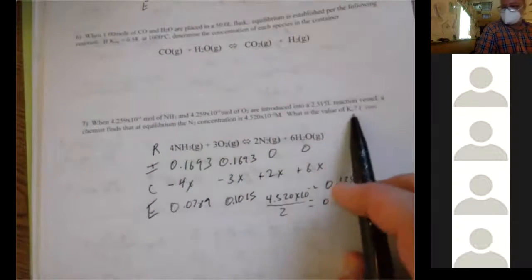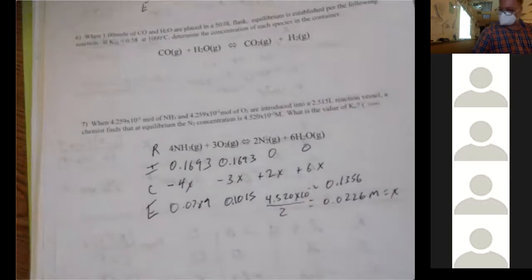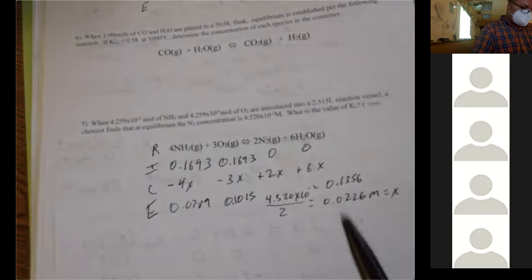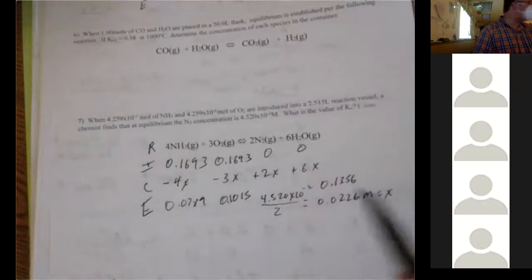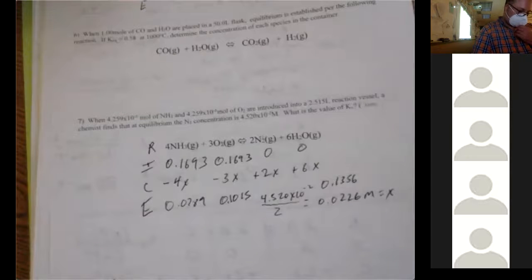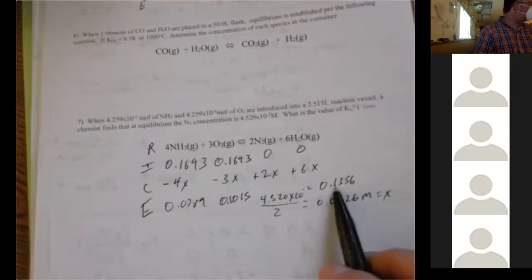So there are the concentrations, and they want to find the value of K. X is the same for all of them, so once I found out what x is, I can plug in the x. So it would be a different number. It is a different number.